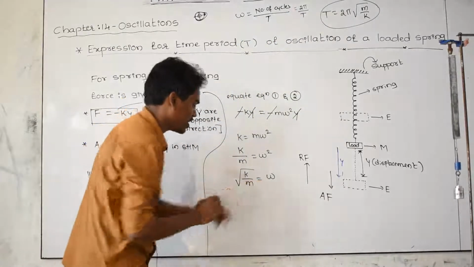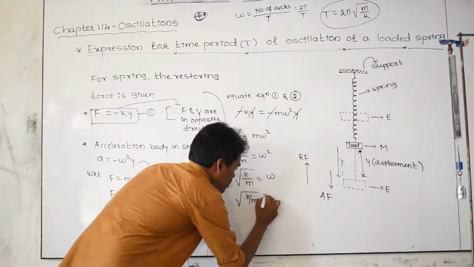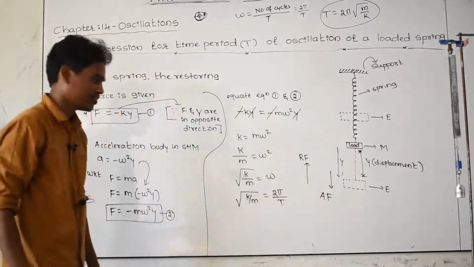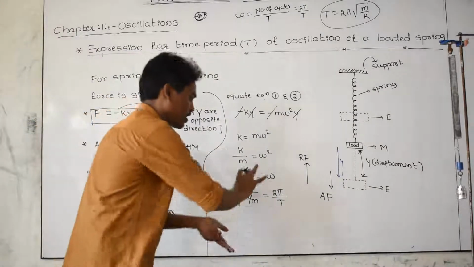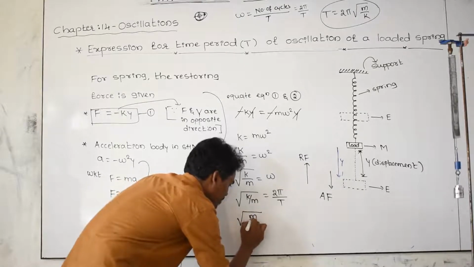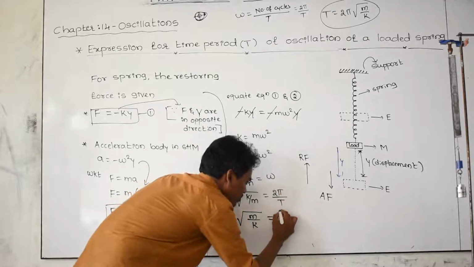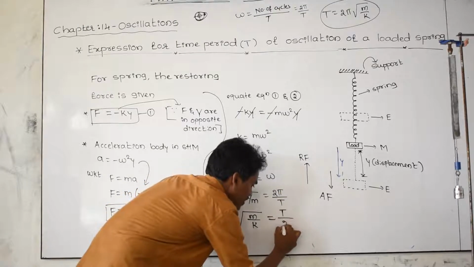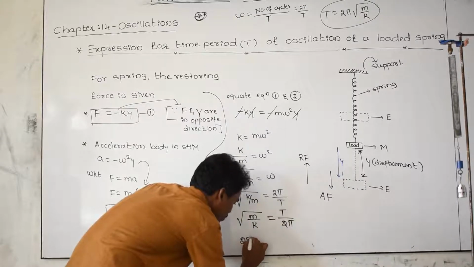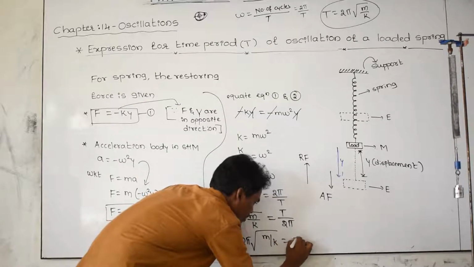I am substituting here: root of k by m is equal to 2 pi divided by t. Inverting this, m goes up, k comes down, and t is on the numerator and 2 pi on the denominator. Again multiplying, 2 pi root of m divided by k is equal to t.